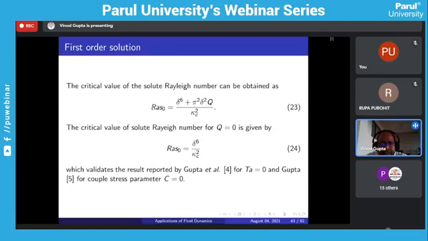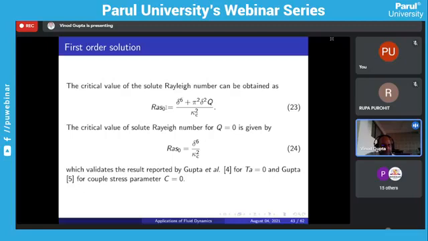So first of all, we will know what the critical thermal Rayleigh number is. This thermal Rayleigh number, R_AT, is the ratio of buoyancy force to the viscous force.